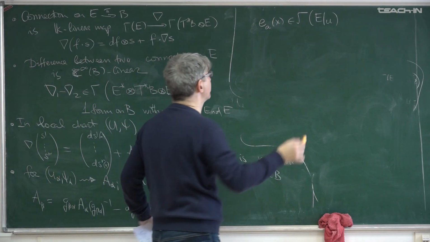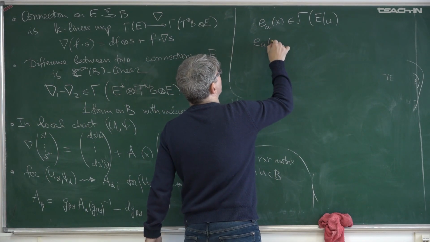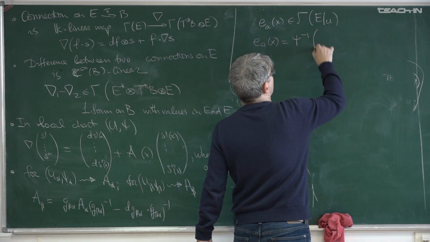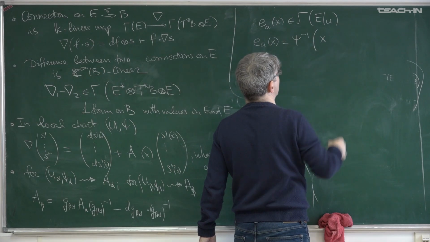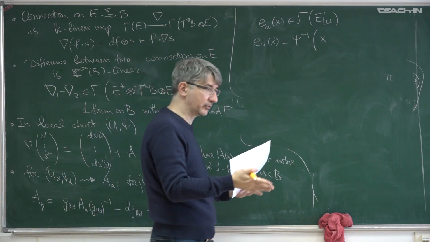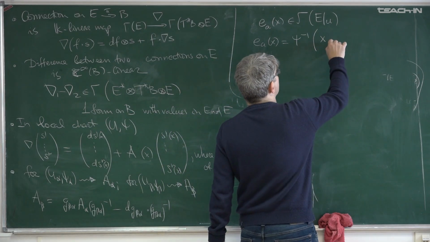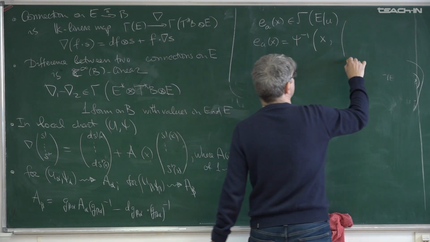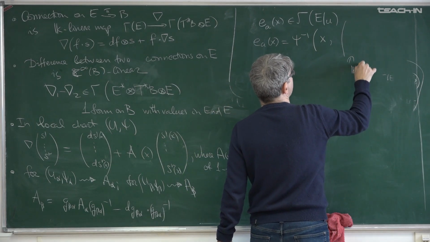But how can it be written in explicit terms? Very simple. E_A of X is psi inverse of what? You take a point X, because everything happens fiber-wise, so points should be preserved. But here you should write a very concrete vector which belongs to K^r.